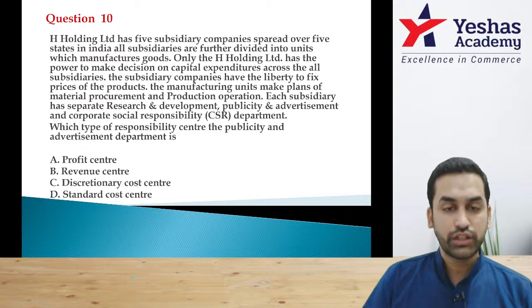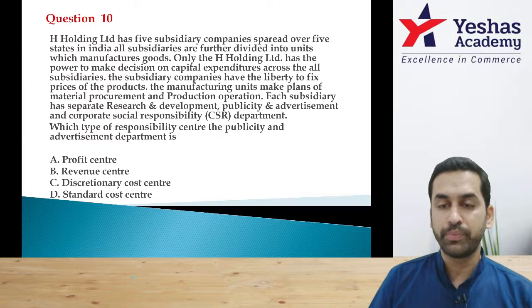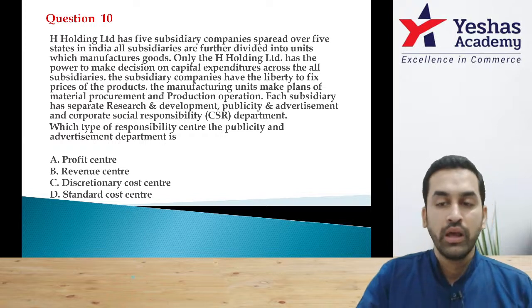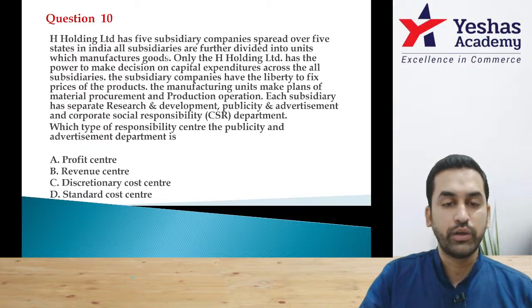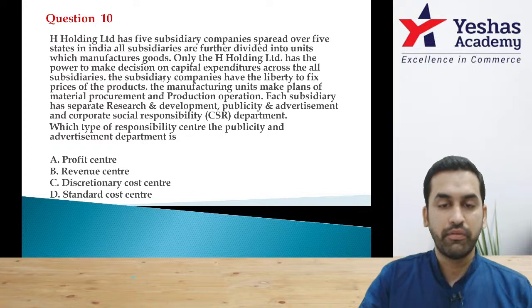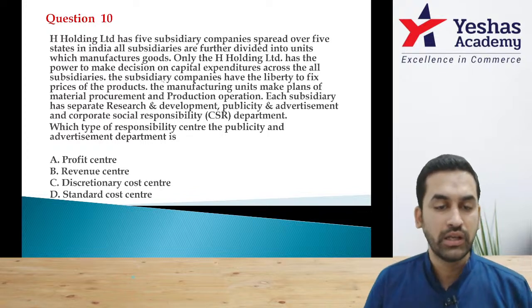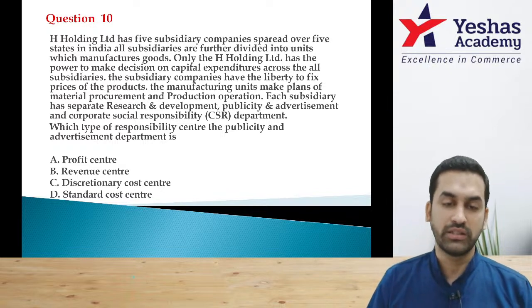Read. H Holding Limited has 5 subsidiary companies spread over 5 states in India. All subsidiaries are further divided into units which manufacture goods. Only H Holding Limited has the power to make decisions on capital expenditures across all subsidiaries. The subsidiary companies have the liberty to fix prices of the products.